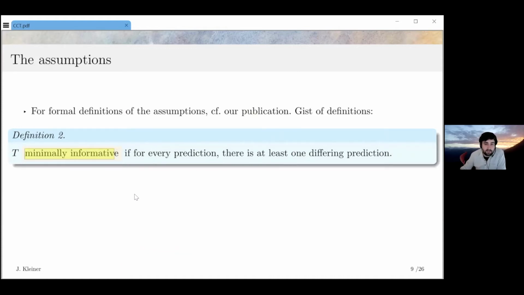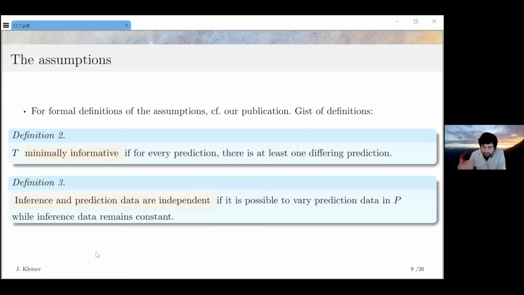That says that for every prediction, there is at least one data set which gives another, non-overlapping prediction, if you like, in terms of the picture we just had. That's an assumption which is basically always true, which is why we call it minimally informative. If you don't have it, your theory is very limited or very early in its development.